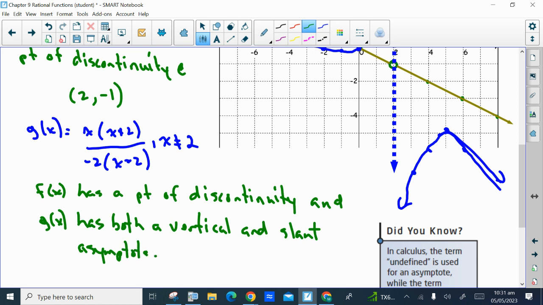All right. So there's really the major differences between those two graphs.